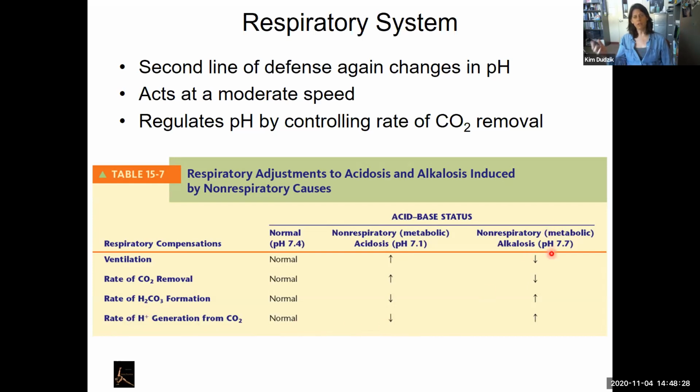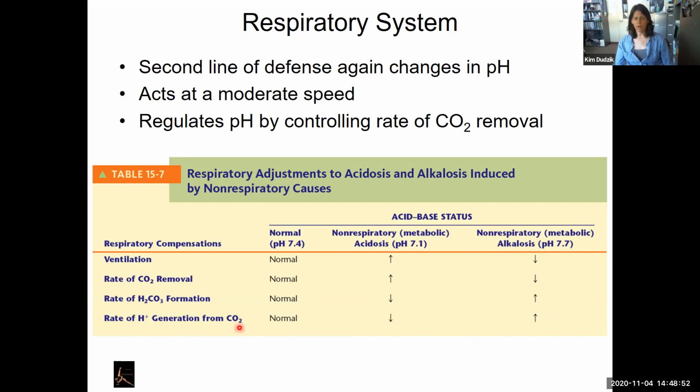But if you go the other direction, above 7.45, and you reach that alkalosis, then your brain will automatically kick in from the medulla oblongata to slow your ventilation rate down. That causes you to hold on to CO2 in your blood, because you're not expiring it out as quickly.